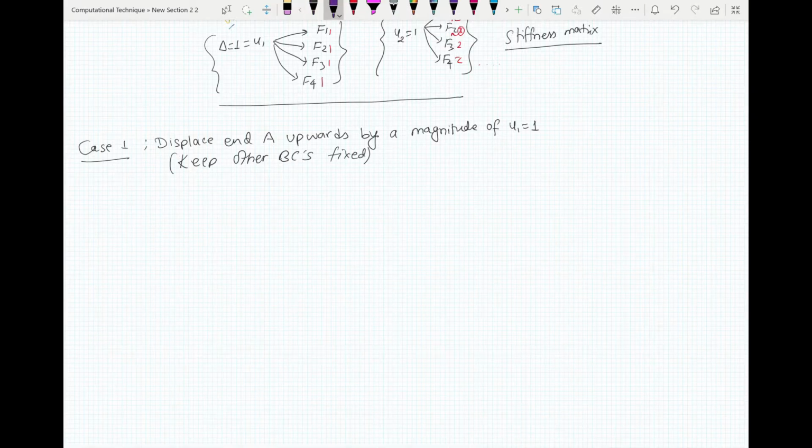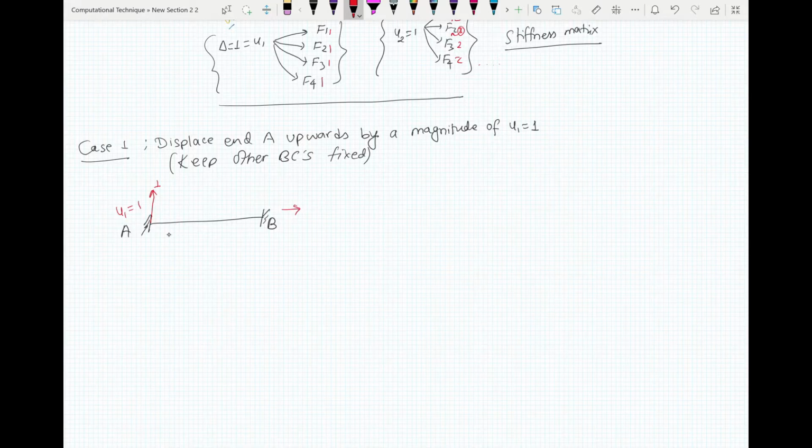So you can see here that when you have a beam like this, this is our end A, this is our end B. So you'll be displacing our end A upwards, that is in degree of freedom 1, by u1, which equals 1, and you'll be keeping other degrees of freedom fixed.